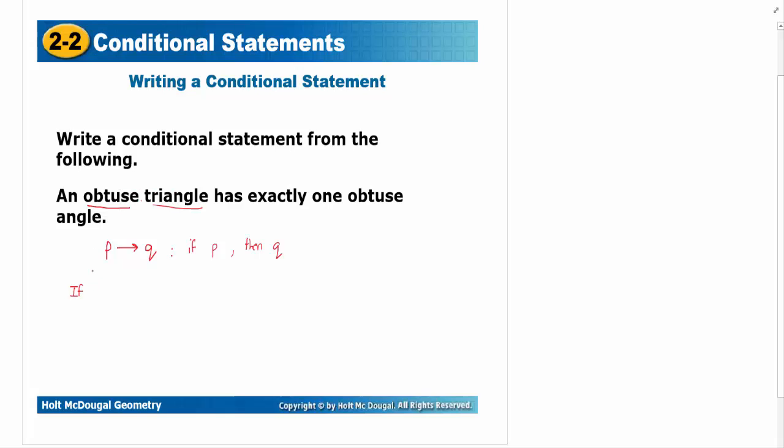So if I rewrote this, I would say if a triangle has exactly one obtuse angle, then I don't have to say the triangle again because it's the same sentence, so I can say it is an obtuse triangle.